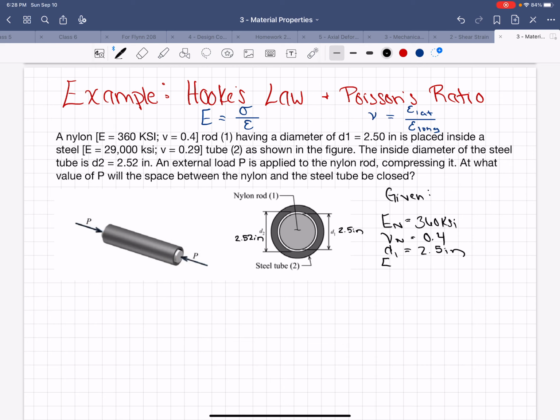And it's inside the steel. So the elastic modulus of the steel is 29,000 KSI. Side note, elastic modulus of steel, 29,000. Elastic modulus of the nylon, only 360. So nylon is a lot squishier, a lot less stiff. It has a much lower elastic modulus than the steel.